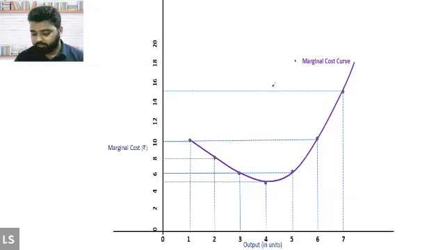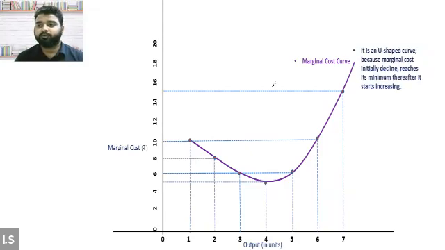And if you are asked why marginal cost is U-shaped, you can simply say it is a U-shaped curve because marginal cost initially declines, reaches its minimum point, and after that it starts to increase. Tell me, Alexander, is this clear or not? Yes, sir, clear.